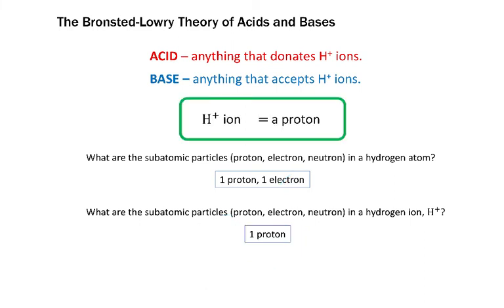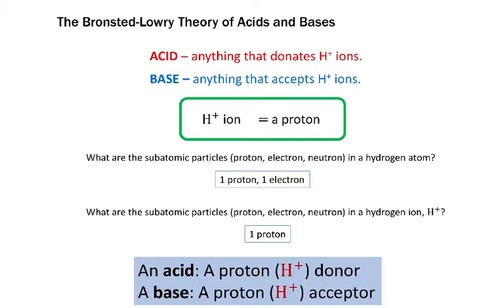So when we say acids and bases donate and accept H plus ions, we often also simply say it's a proton. So an acid is a proton donor, or an H plus ion, and a base is a proton acceptor.